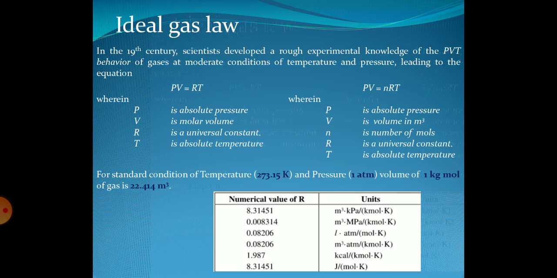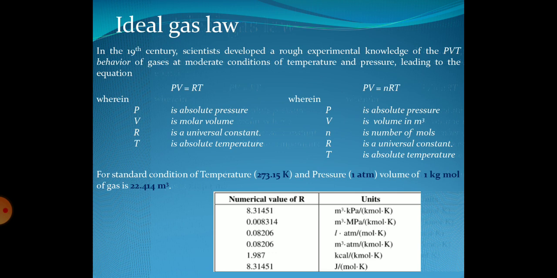If we want to use a numerical value of R as 8.31451, then the unit of that R is meter cube kilopascal per kilomole Kelvin.